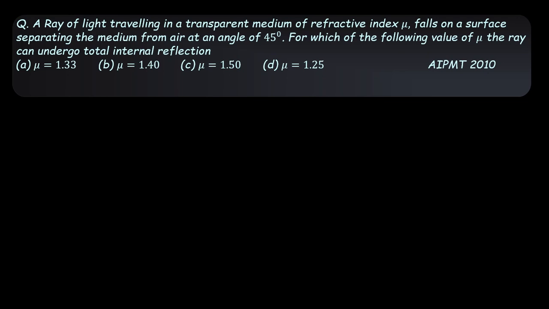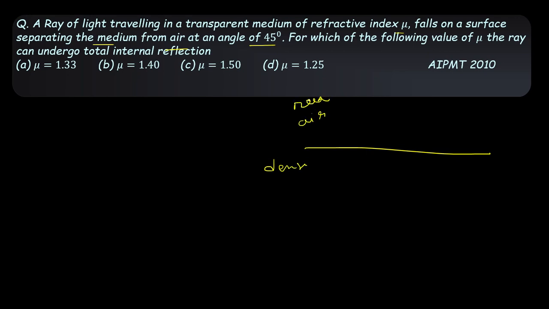Okay. Let's read the question. Here it is given that a ray of light traveling in a transparent medium whose refractive index is mu falls on a surface separating the medium from the air at an angle of 45 degrees. For which of the following values of mu can the ray undergo total internal reflection? So let's say this is the denser medium and this is the air or the rarer medium.